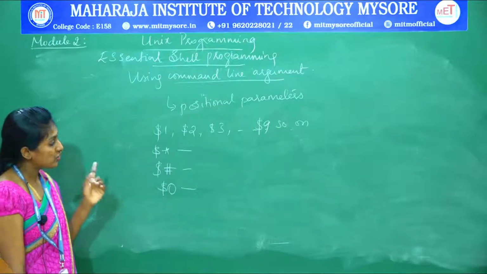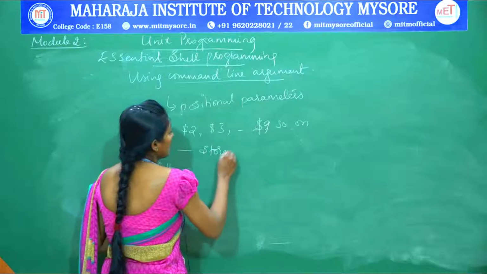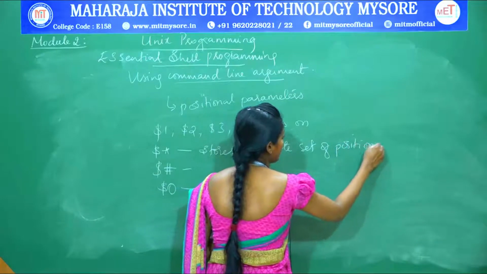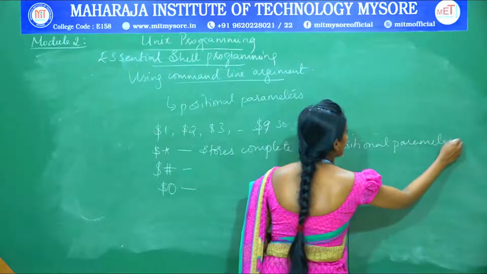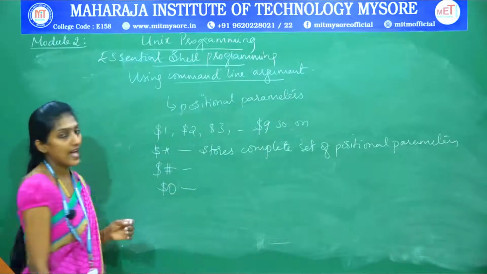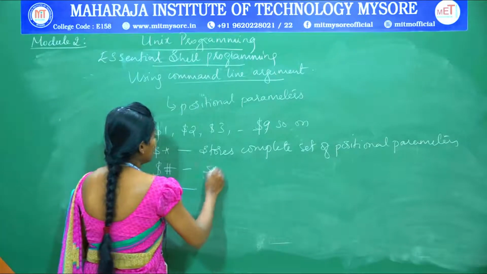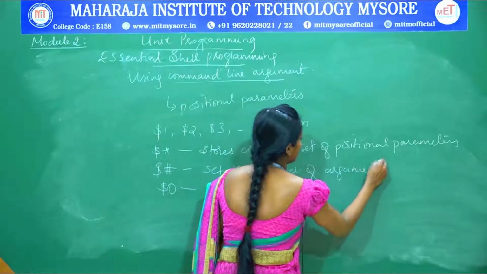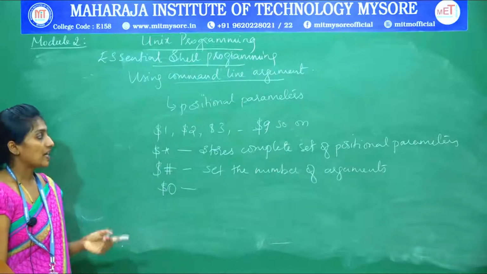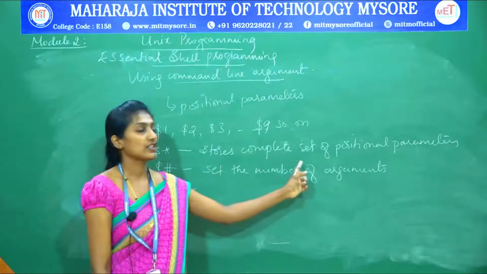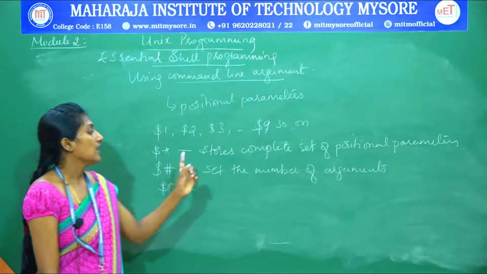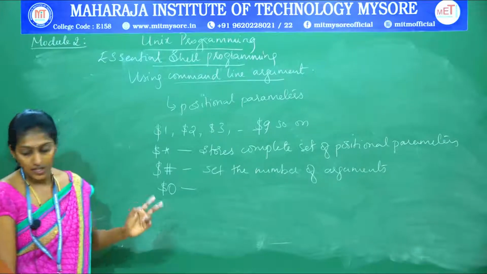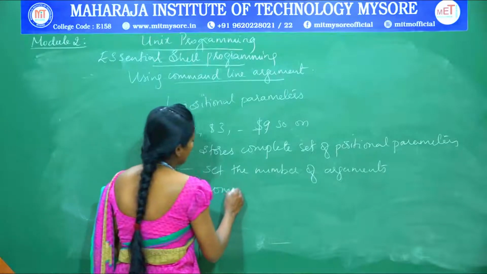$* stores the complete set of positional parameters, whereas $# represents the number of arguments, that is, how many arguments were provided. That count will be displayed by using $#. Next, $0 holds the command line itself.